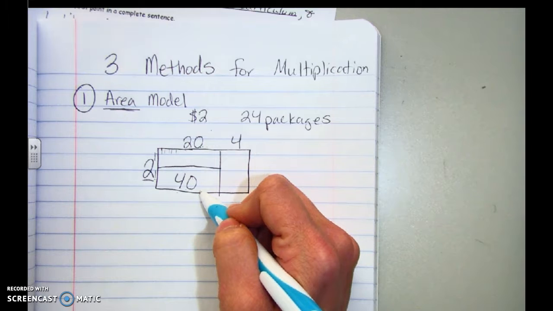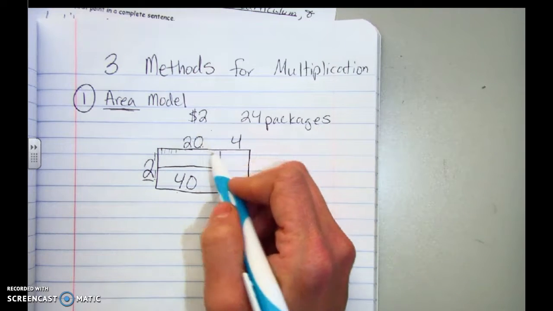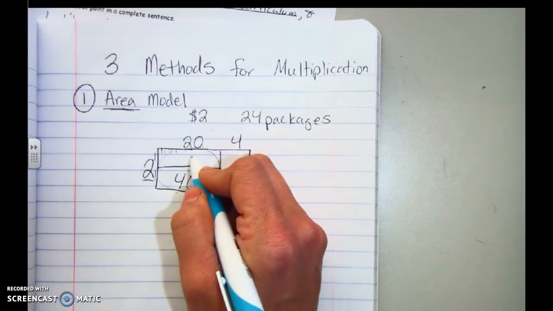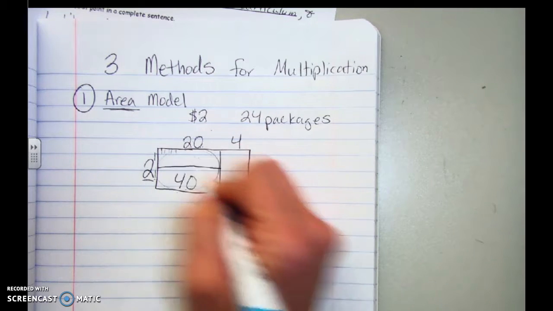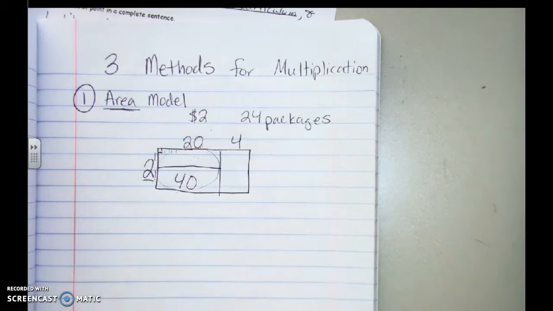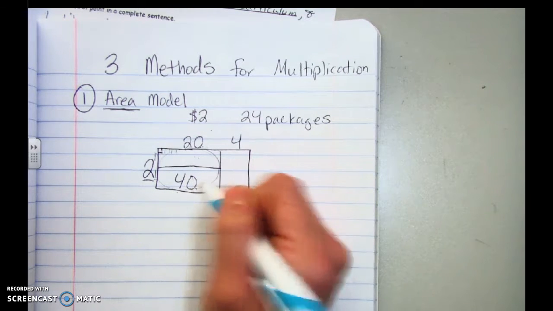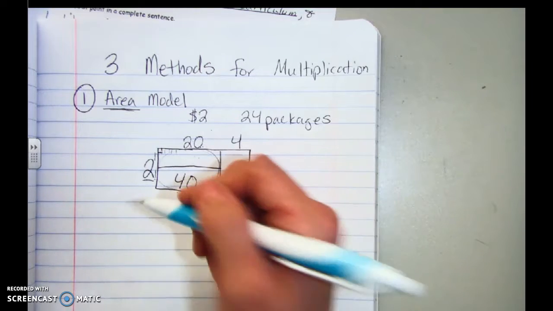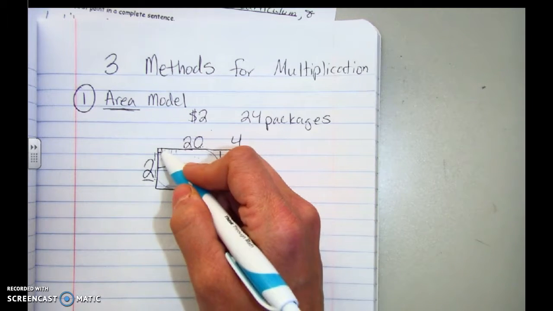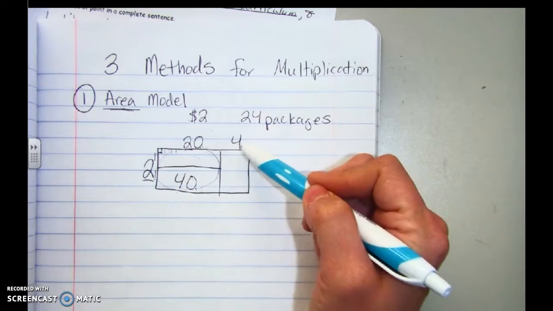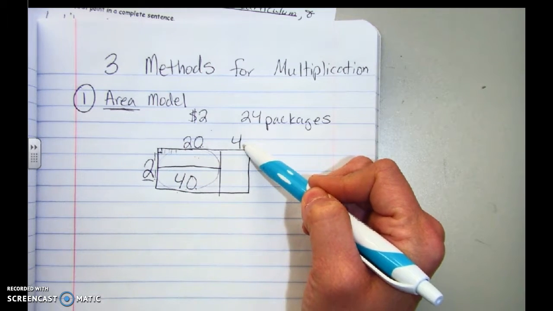Awesome. Now, I solved for the area of this box. That means the number of square units in this box, how many of those little boxes there are? There are 40. Get it? Got it. That's why it's called the area model. We talked about these are called square units, right? Now I know that 2 times 4 is 8.